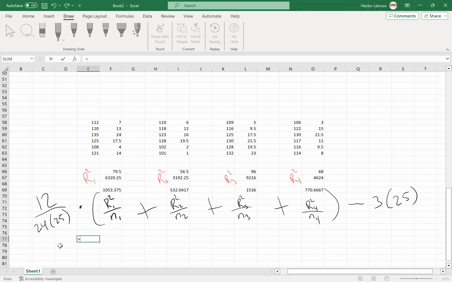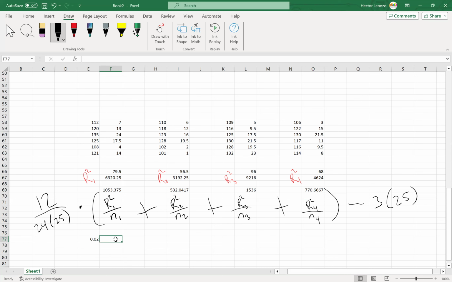I'm gonna go equals 12 divided by, then I'm gonna put parentheses at the bottom. So I'm gonna have 24 times 25. I want my parentheses at the bottom, so I tell the calculator to just keep them at the bottom. So I do that.